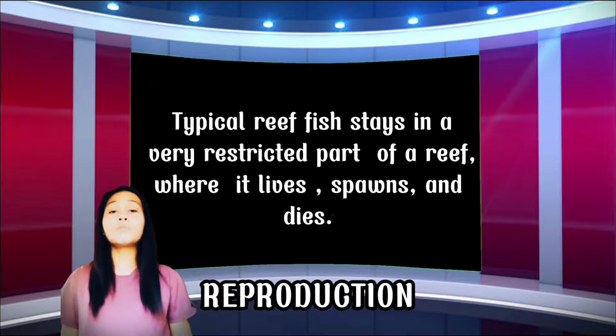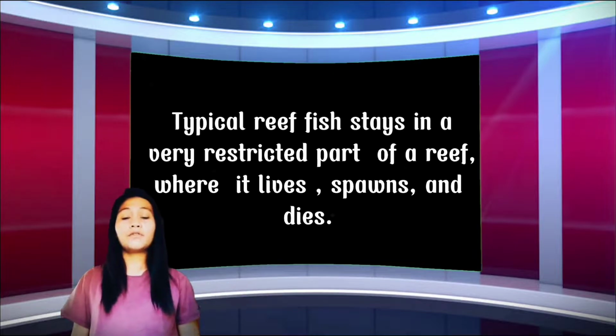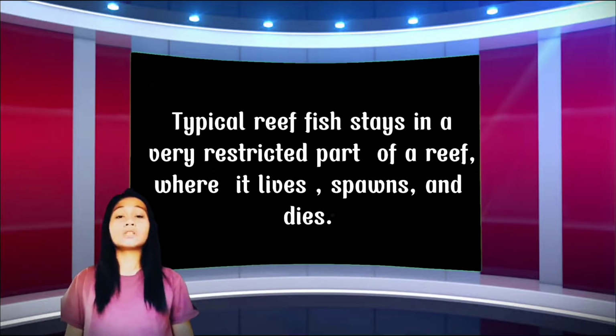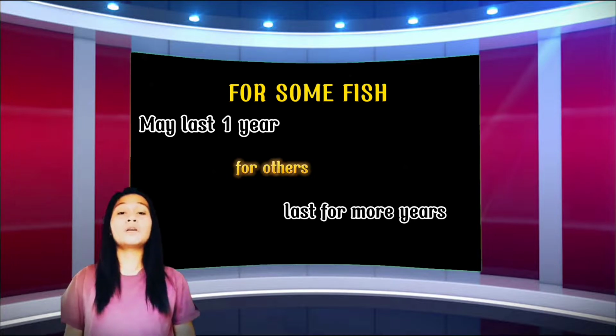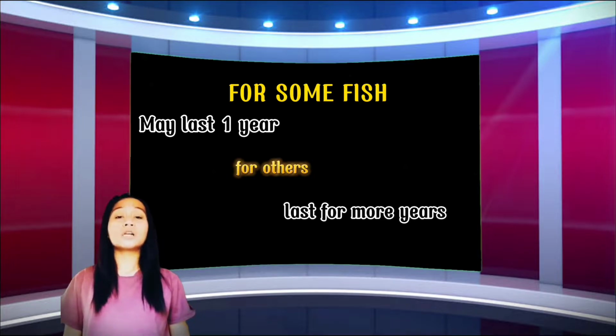Reproduction. For most of its life, a typical reef fish stays in a very restricted part of a reef, where it lives, spawns, and dies. This residence lasts only a year for some fish, but for others it lasts 10 or more years, depending on what kind of fish.